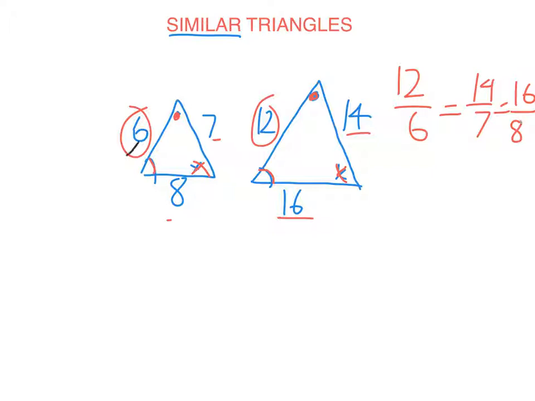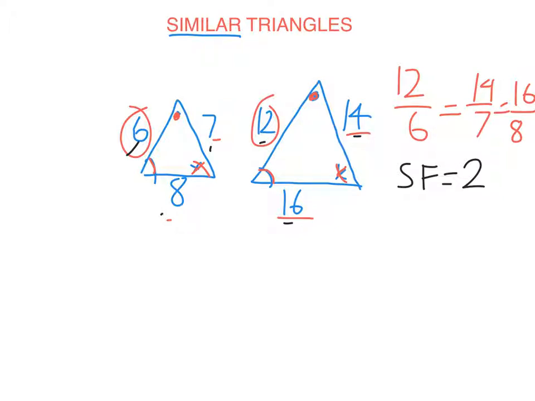That means I multiply each of the sides in the smaller triangle by the same number to get the sides in the larger triangle. And because 12 over 6, 14 over 7, 16 over 8 equal 2, the scale factor is 2.